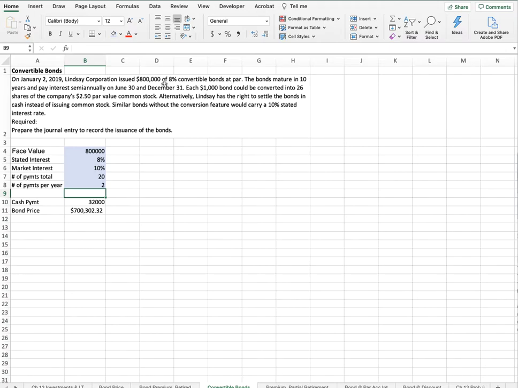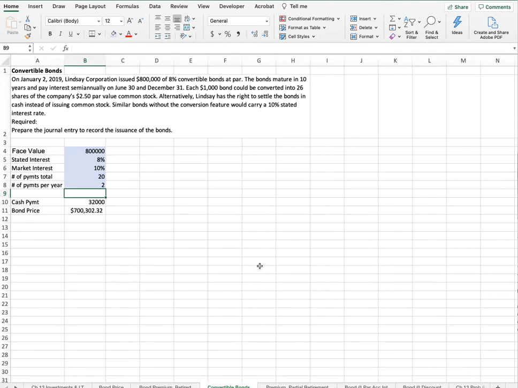So for our journal entry, our cash and our bonds payable are going to be that $800,000, and we are going to have a discount, and that's going to align up with additional paid-in capital because of the conversion feature.